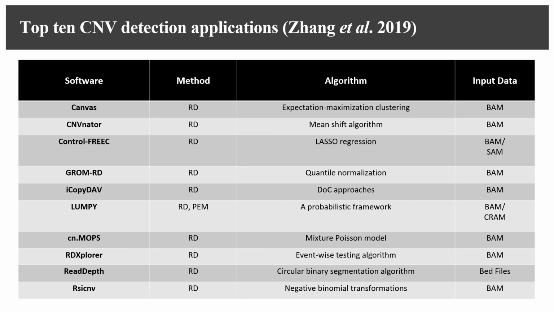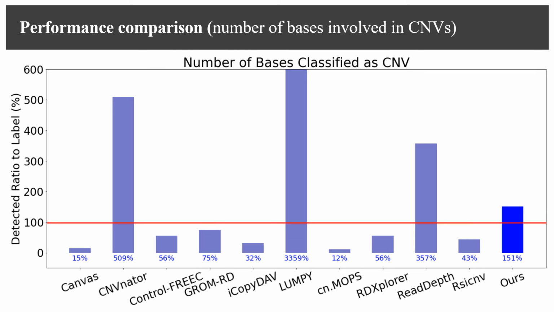We compared our method with 10 existing applications for CNV detection. These 10 methods were selected based on their popularity in Zhang et al. 2019. This plot shows our preliminary results.